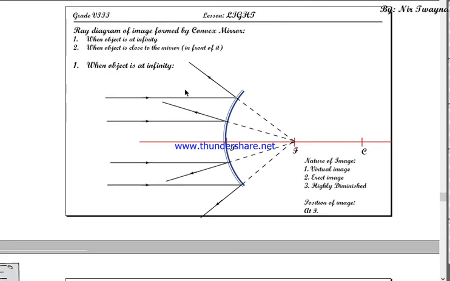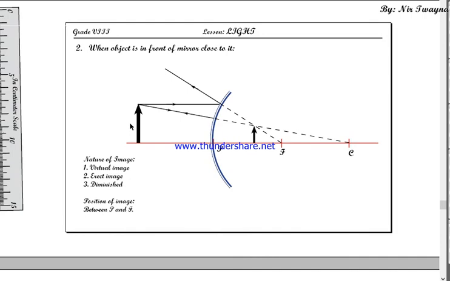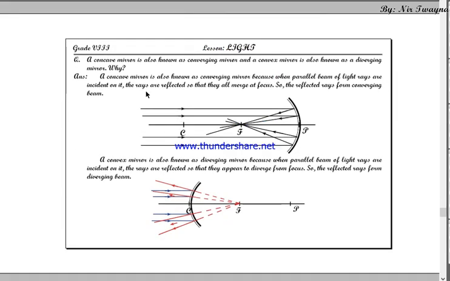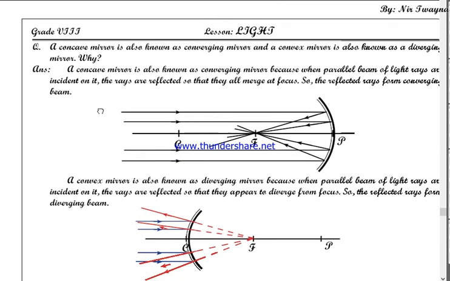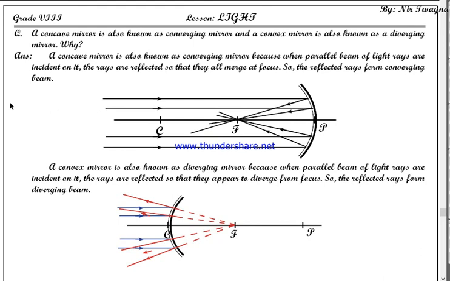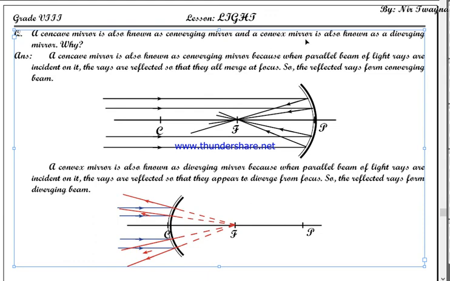Yes, case number 1 when object is at infinity, and case number 2 when object is in front of mirror, close to it. And the next topic, the last topic for today, is like a question which integrates the knowledge of concave mirror and convex mirror. A concave mirror is also known as converging mirror, and a convex mirror is also known as diverging mirror.